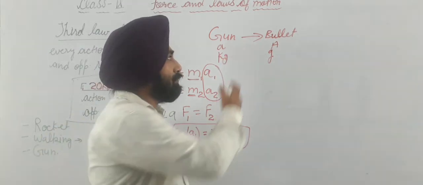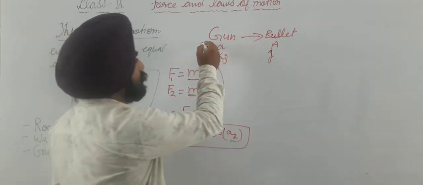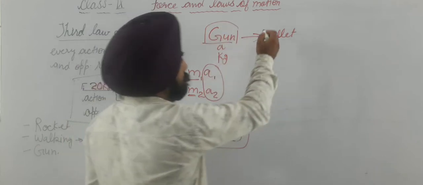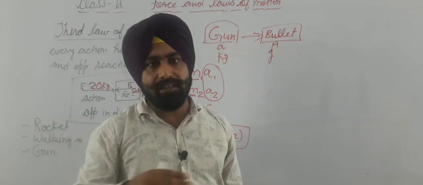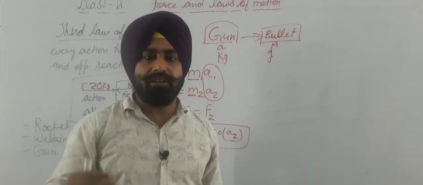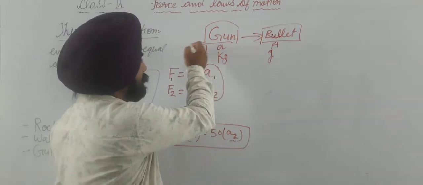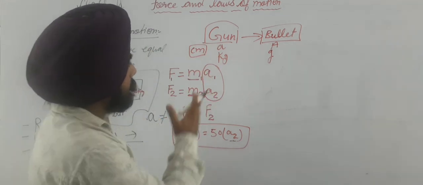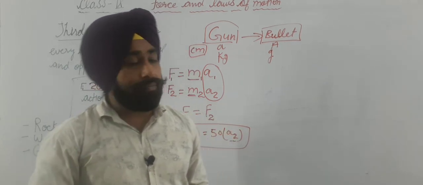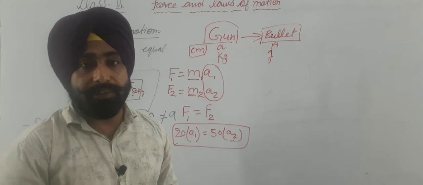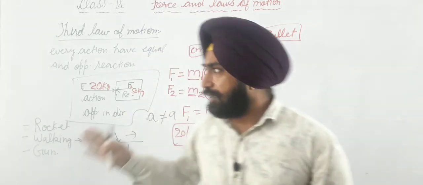Compared to the bullet, the gun has a very large mass, so the acceleration produced in the gun is very small compared to the bullet. While shooting, a bullet travels a distance in kilometers or meters, but the gun is displaced in centimeters or millimeters. Remember this while doing numericals, because it will help you understand the numerical problems. So these are the basic examples of the third law of motion.